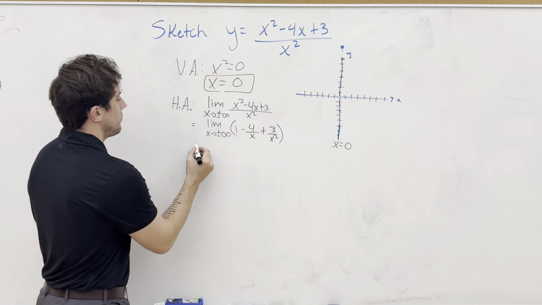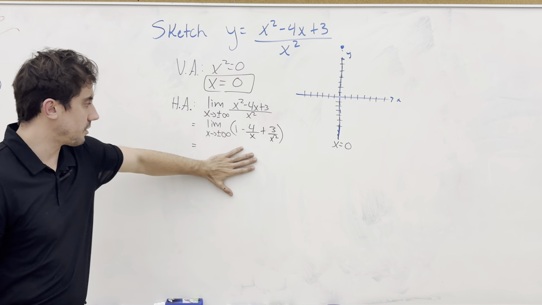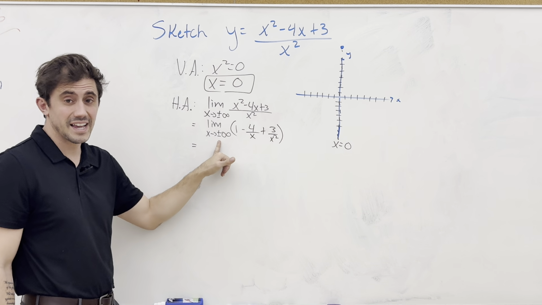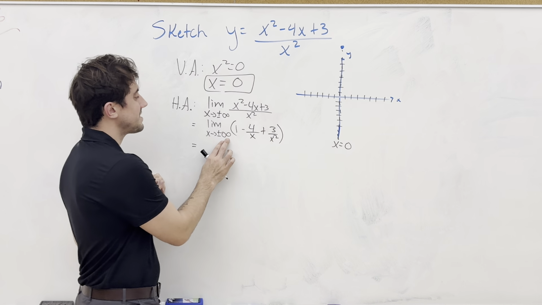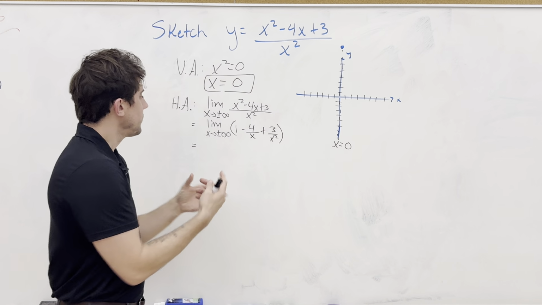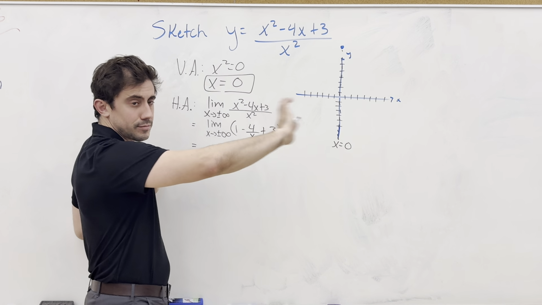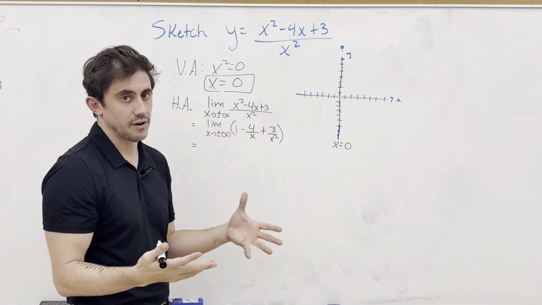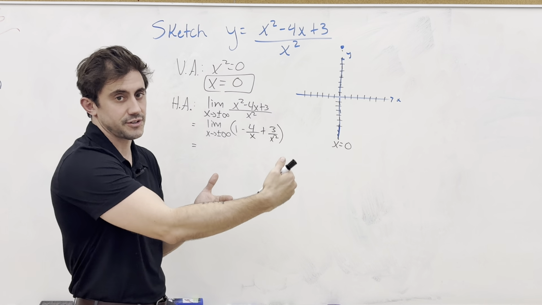And now, without too much cognitive effort, you can tell that the limit as x goes to positive or negative infinity, that just means as the x values get incredibly large, 4 over x is basically 0. It's going to approach 0.